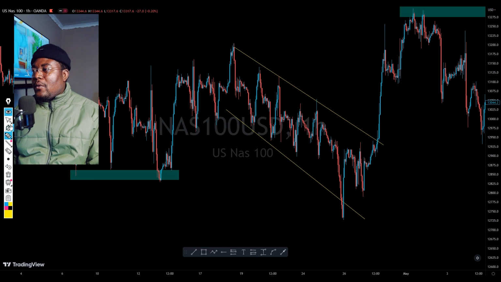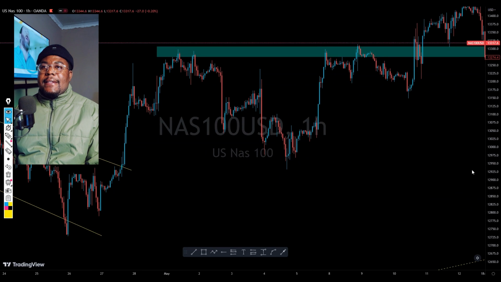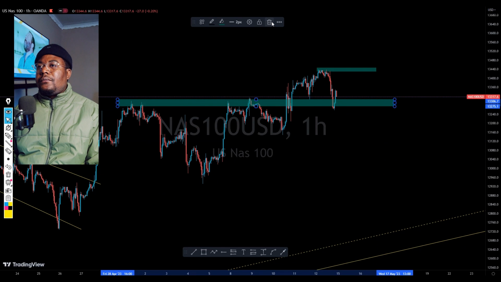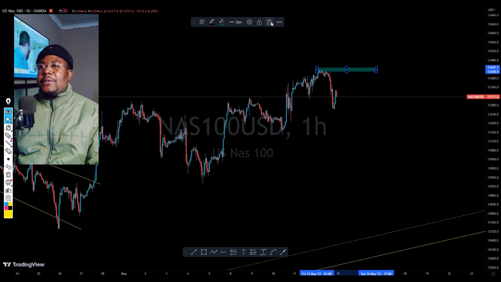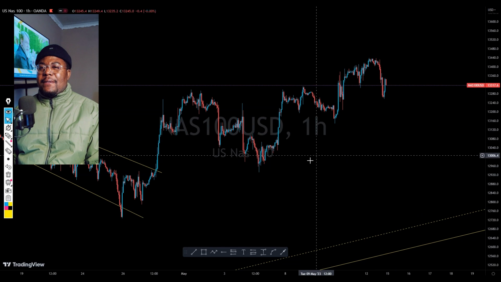So now let's go to where we are now, the current stage of the market. Let me remove this before so that we can easily talk about this. Where we are now, the market is creating some very nice structure.